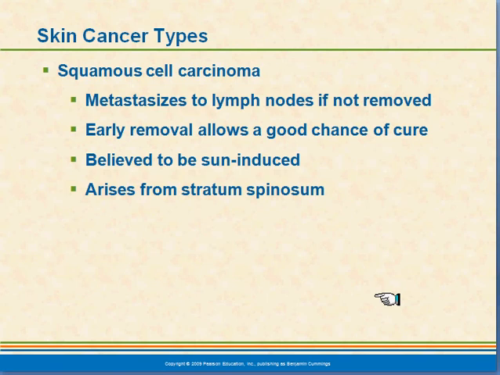We see this often in intraoral tissues. This is a common mouth cancer that arises because of exposure to alcohol and tobacco products. And because it's inside the mouth, it is often undiagnosed for a long period of time, and people can have significant loss of tissues as a result.